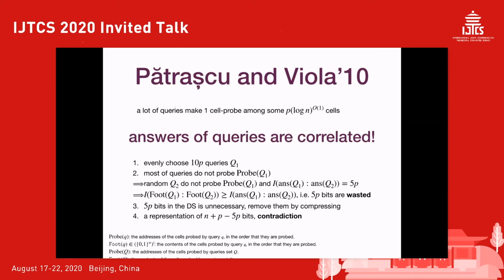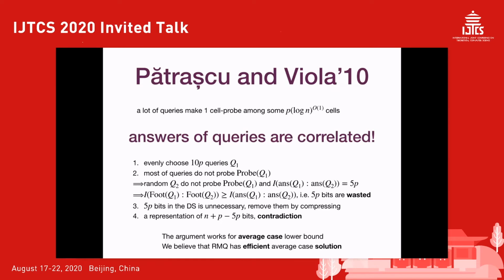Unfortunately, the Q2 argument does not work for RMQ. Why is that? Because the argument works for the average case lower bound, but we believe that RMQ has an efficient average case solution.